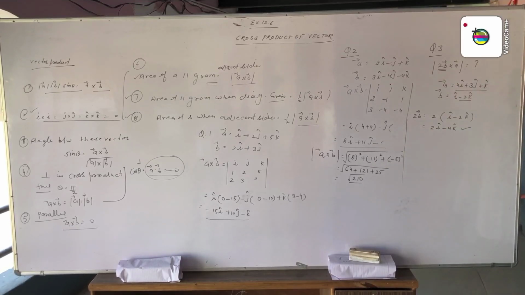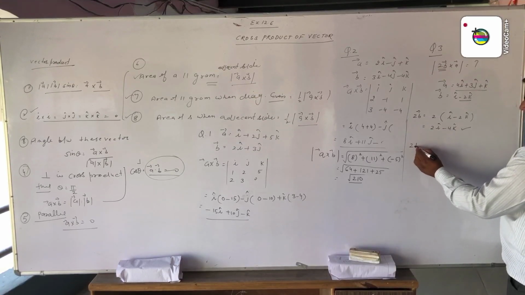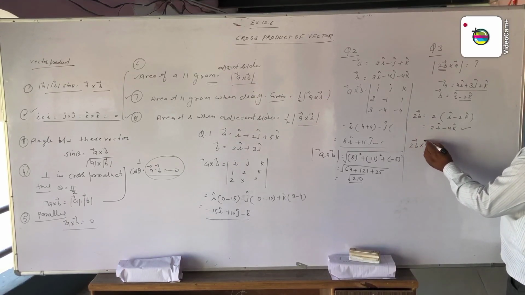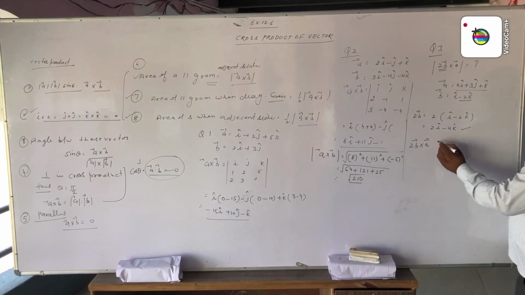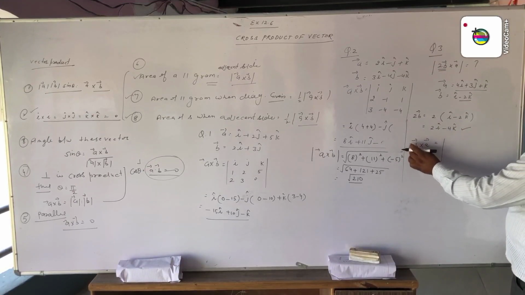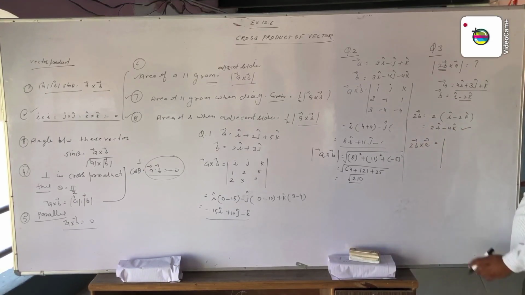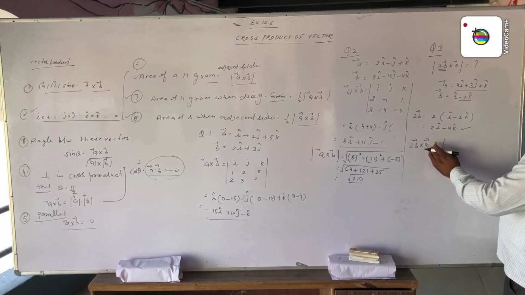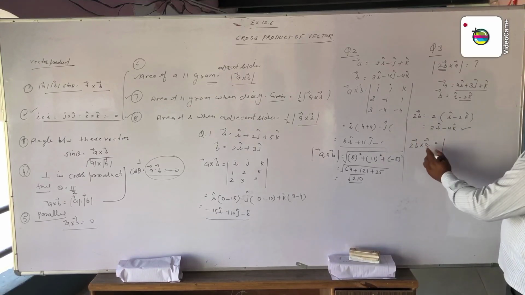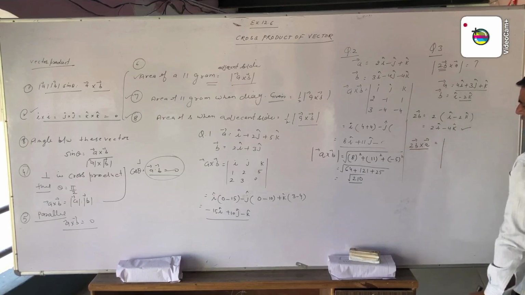Now first we find the cross product of 2b vector with vector A, 2b vector cross vector A. Now we take 2b vector first and after this vector A. We take note of this result with vector A first and then 2b. This is another result of this question.